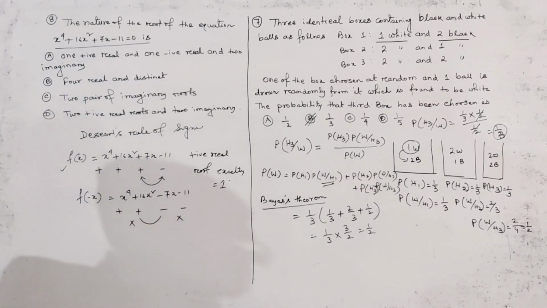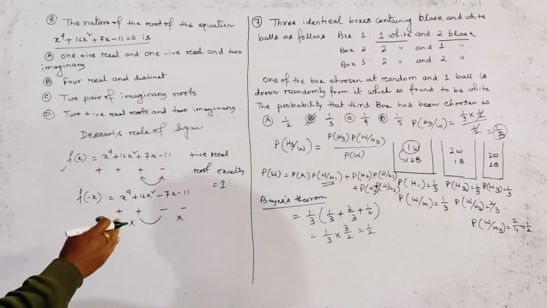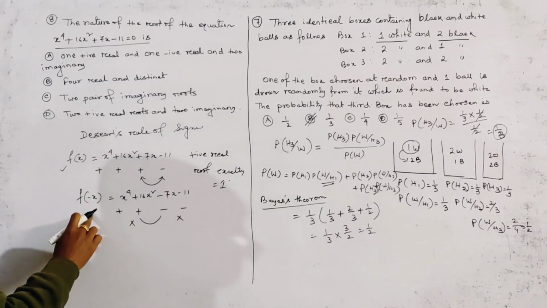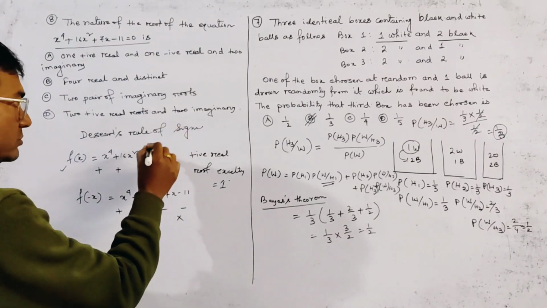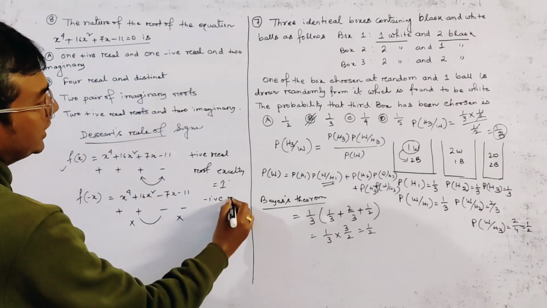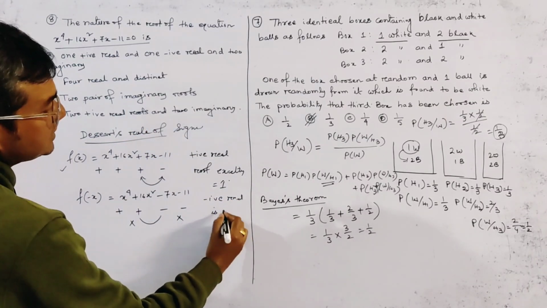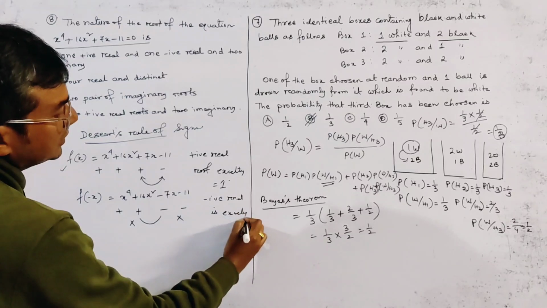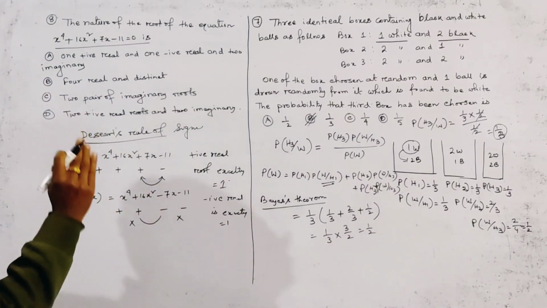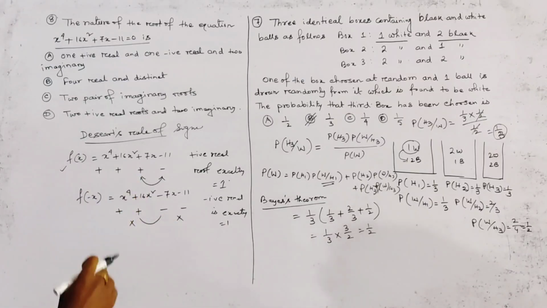So here also one change of sign in f of minus x. So using Descartes' rule, the negative real root is exactly equal to 1. Okay, so we get one positive real root and one negative real root.